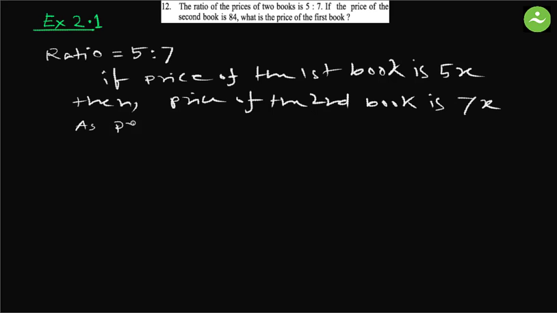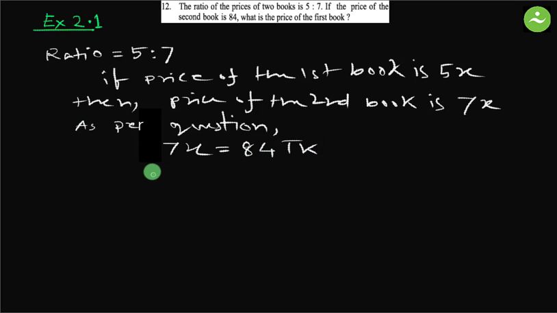As per the question, 7x equals 84 taka. Therefore, x equals 84 taka divided by 7. We are dividing both sides by 7.